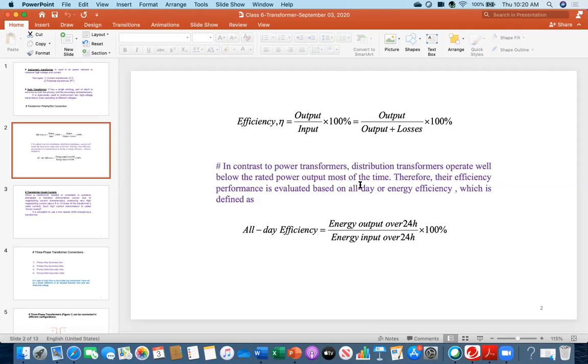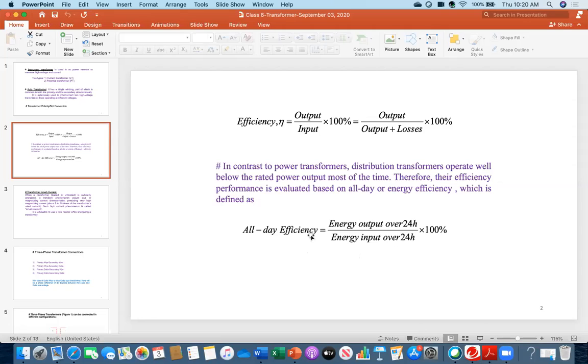So you see, I have written for you that in contrast to power transformers, distribution transformers operate well below the rated power output most of the time. Therefore, their efficiency performance is evaluated based on all day or energy efficiency, which is defined below.